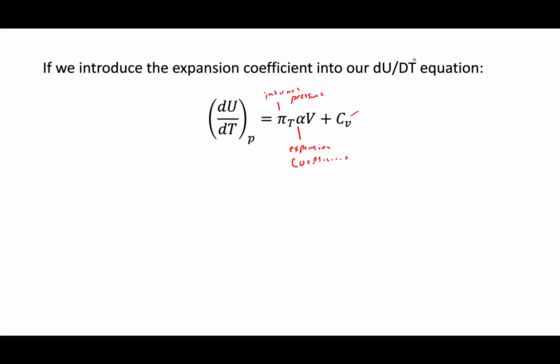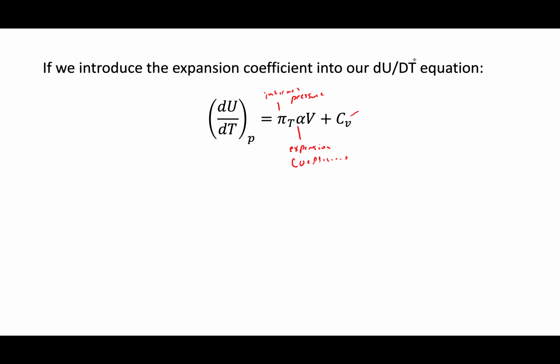So now we have a nice looking equation here, and it's going to make everything a little bit easier. This equation is entirely general, provided the system is closed and the composition is constant. It expresses our change in internal energy with regard to temperature.